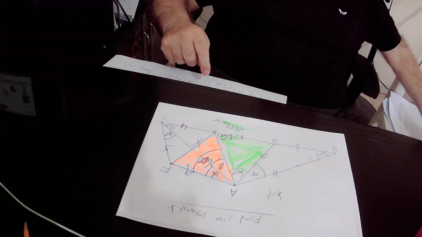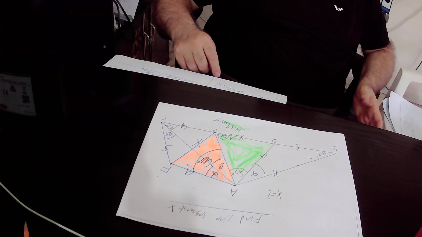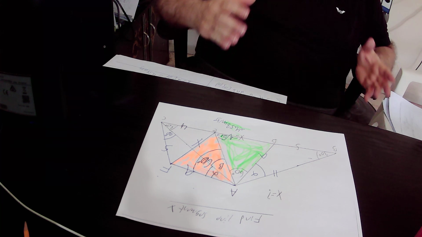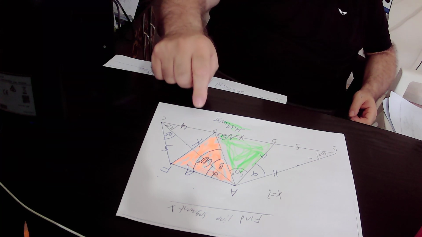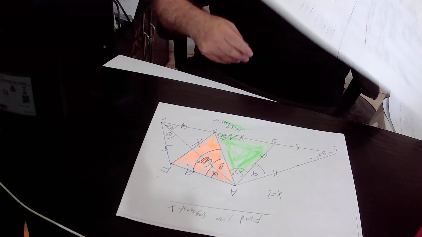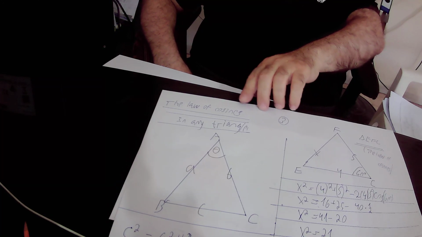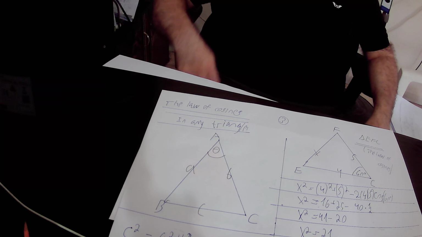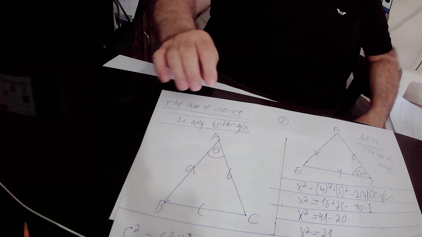In the next step, I presented to you the law of cosines, and we implemented the law of cosines in triangle EFC. What is the law of cosines? The law of cosines is true in any triangle. Here we have triangle ABC that could be any triangle.